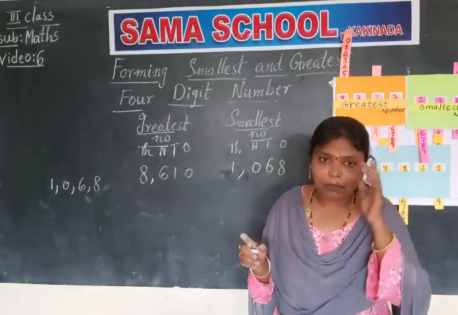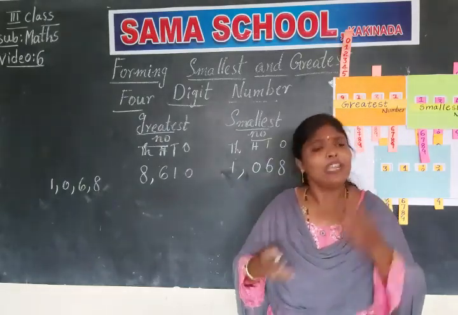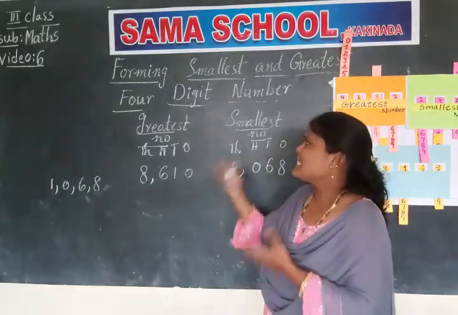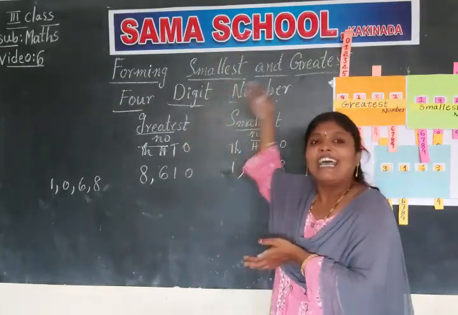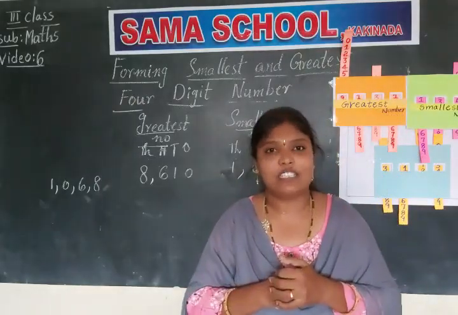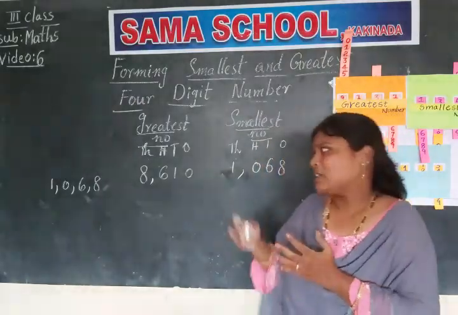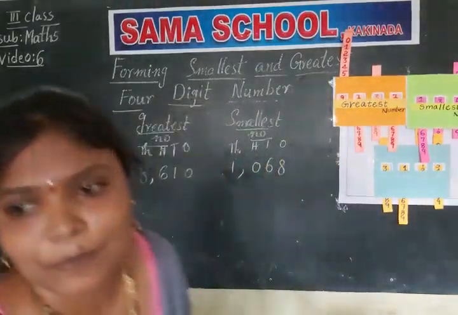If you remember this point, you can frame very easily the smallest and greatest 4-digit numbers using the given digits. Do you understand? Come on, let us do some examples using the 0.